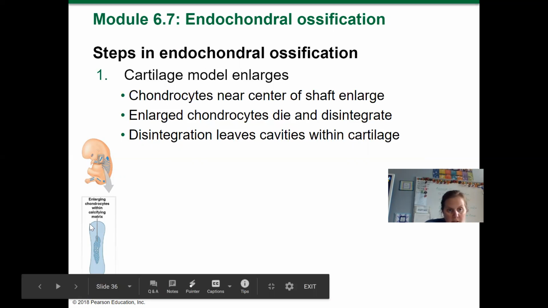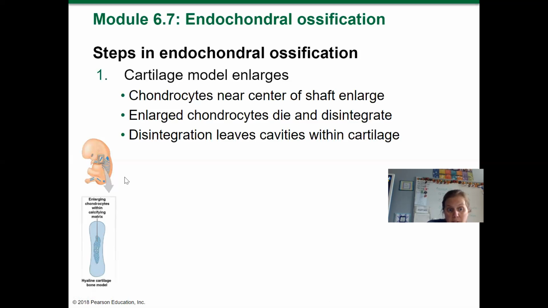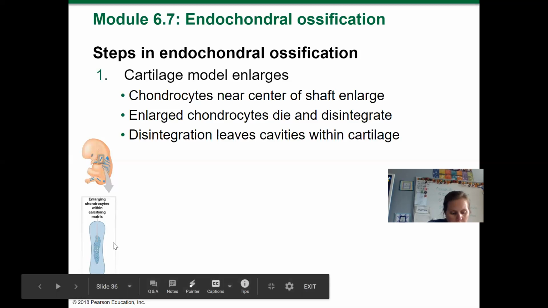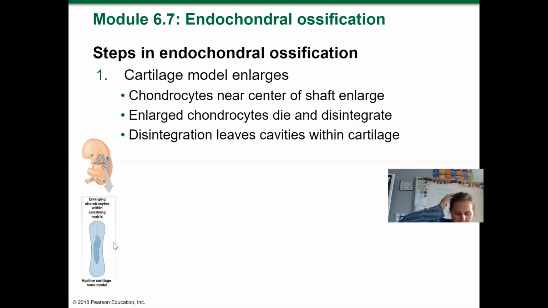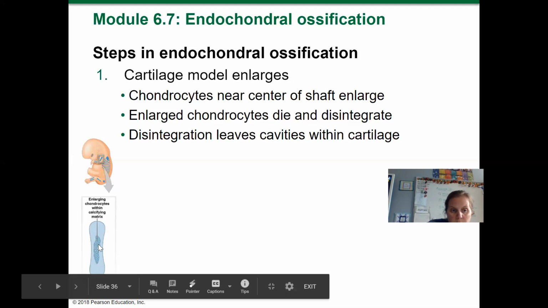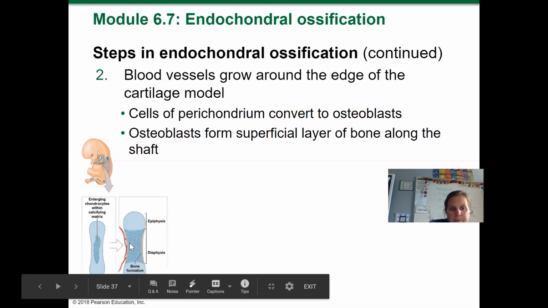We see chondrocytes, the cartilage cells, within the calcifying matrix. Here we just start with our hyaline cartilage, the type of cartilage that we see in most areas of the fetus, and in the center here is where we're going to be focusing.